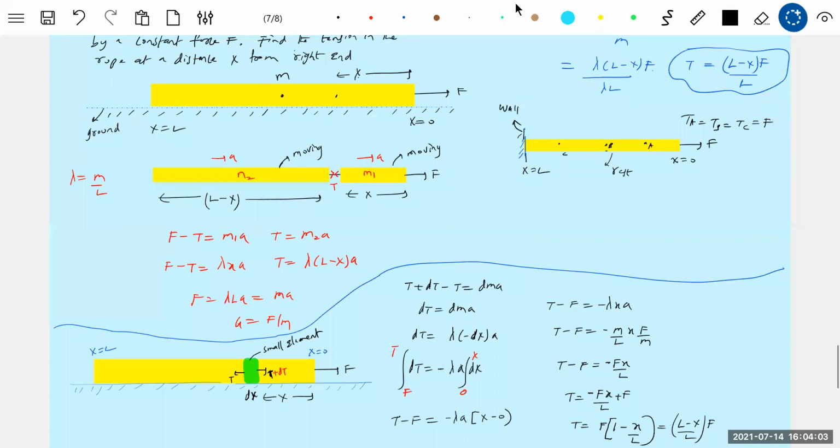No, the same thing. I'm going to break it up. Tension at A is what I need. I'll break it up. Let's see.